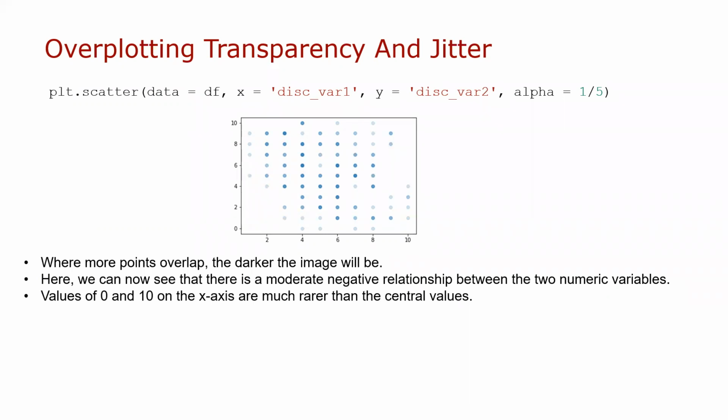Some of them are lighter than others. Why? When you look at this point, it means that I have so many points that collide here, while at this point here, I have 1 point or fewer points. Is this clear? So now you can differentiate between where the points are overlapped or not overlapped. And even this is not that informative.